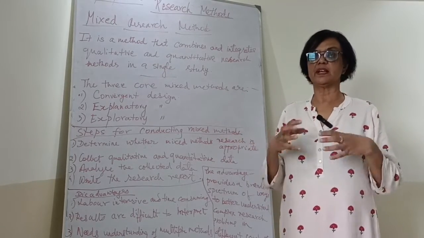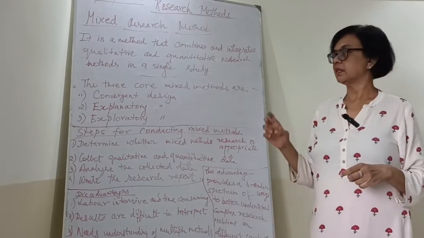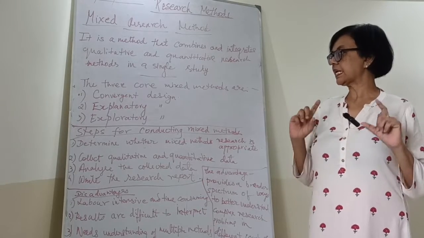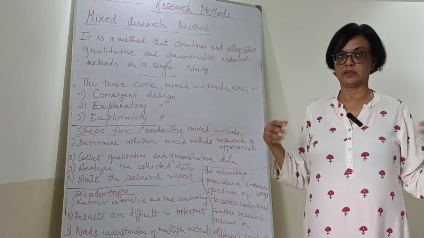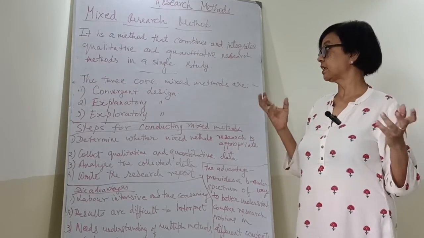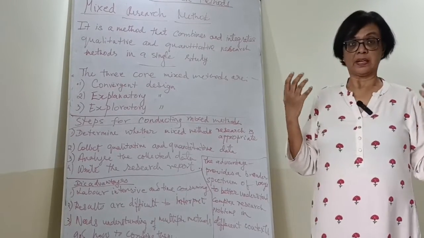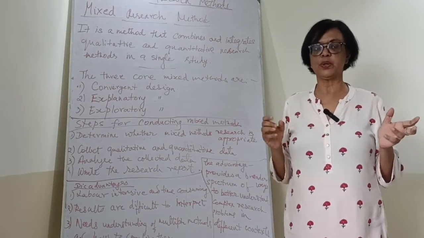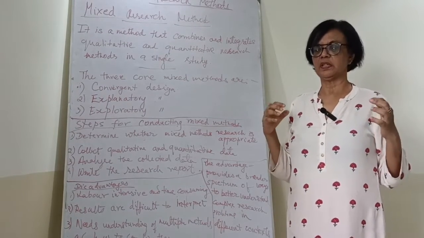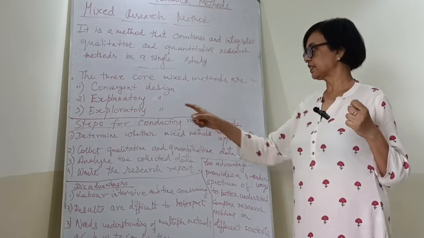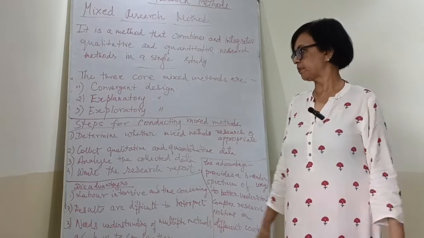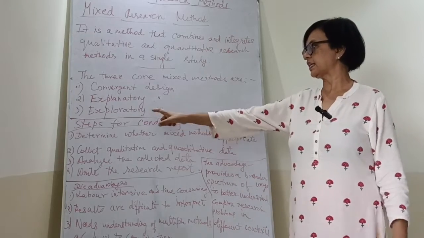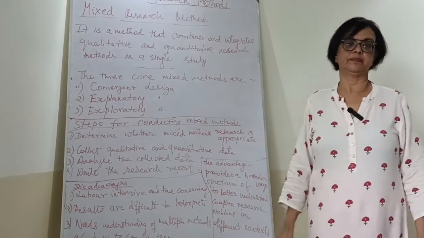You explain a lot about these research methods. And then exploratory design, how you explore the data collected, how you collect the data through exploring the different types of research methods. That is exploratory. Convergent design, explanatory design, and exploratory design.